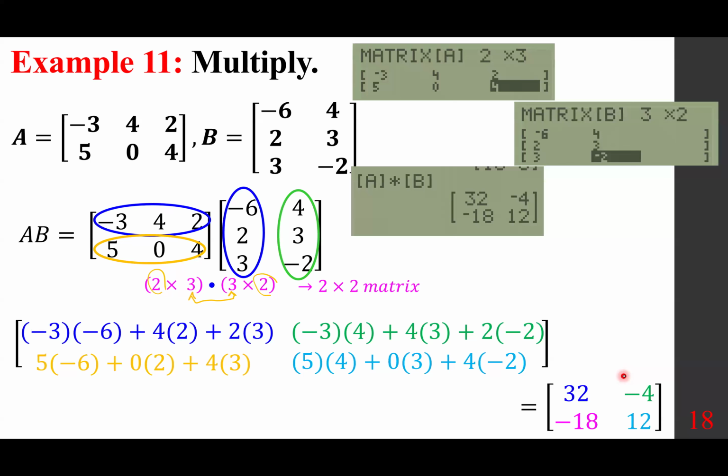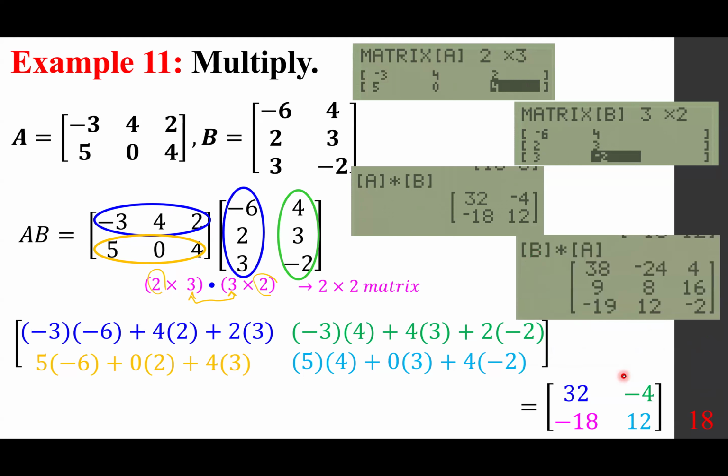Now, what is important to know, if you recall, in the case of numbers, A times B is the same as B times A. This is not the same. What is B times A is this one, and can we do B times A? First of all, remember B is 3 times 2, and this is 2 times 3.